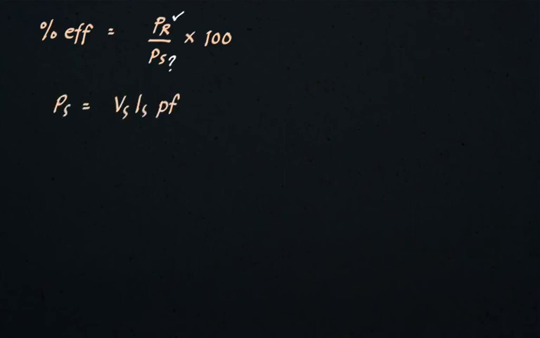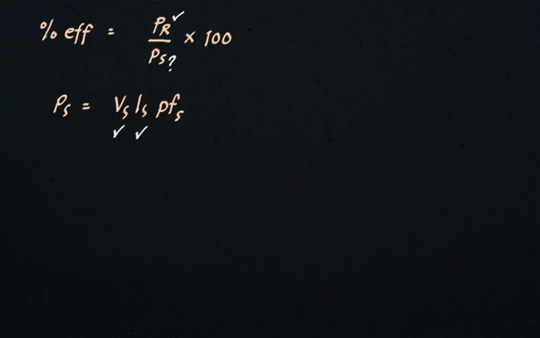Next, the transmission efficiency is PR over PS times 100. We have PR, but we don't have PS. However, we can obtain PS by having Vs, Is, and the power factor of the sending end. Since this is single phase, wala tayong factor na square root of 3 or 3 in our PS.